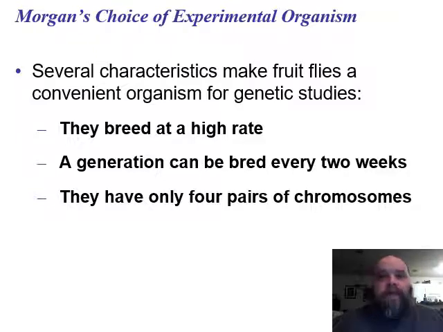Well, fruit flies, like I said, as long as there's food, there's water, they have a very short lifespan. They're only alive for a few weeks. So, as soon as they're sexually mature, they're going at it. And their generation time, less than 2 weeks.